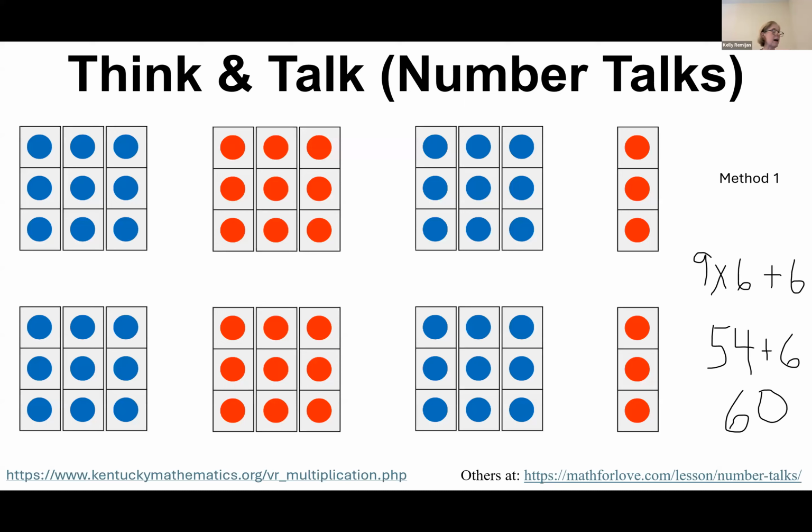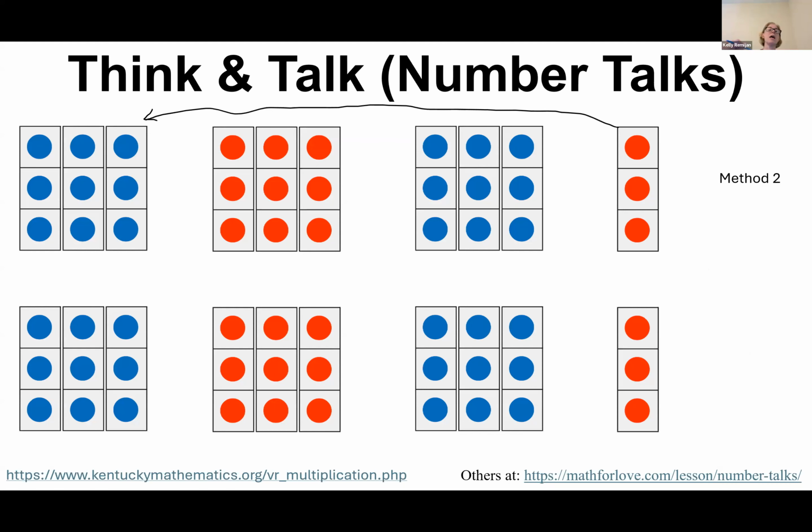And I love how earlier it talked about columns. One person talked about the columns, the dimensions, and we're going to be talking about that today as well. Another method is actually taking this image and allowing, if you have a smart board, students to go up and draw how they thought through this. But we could also think of it as taking one from the right column and putting it to the middle, and one putting it to that blue top right figure.